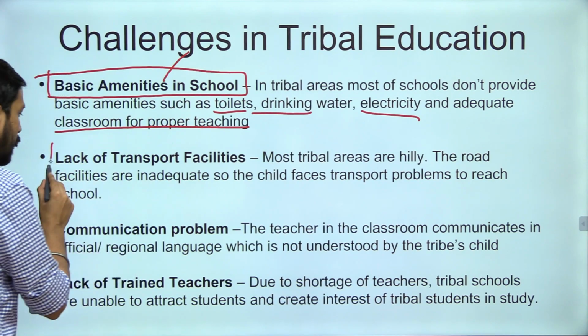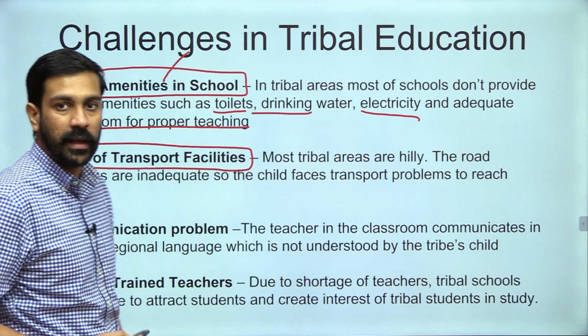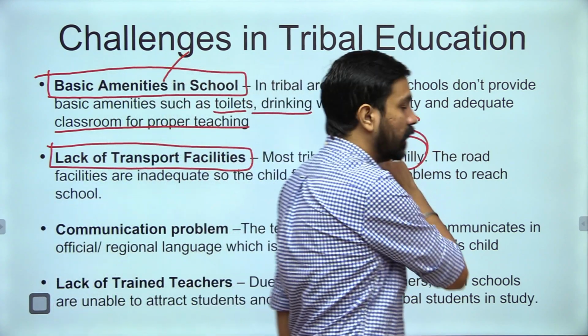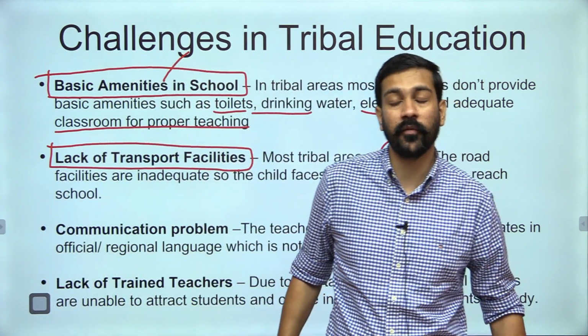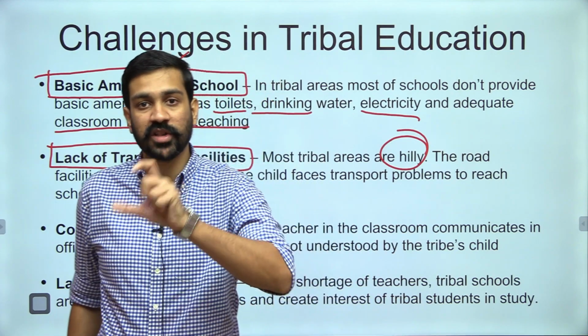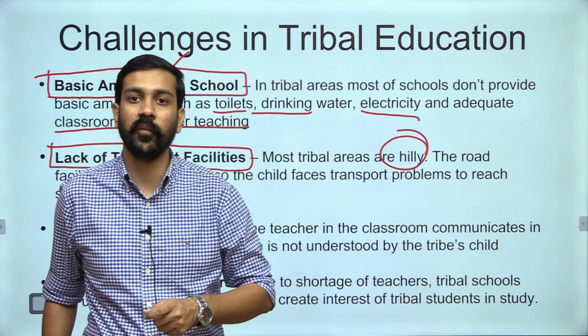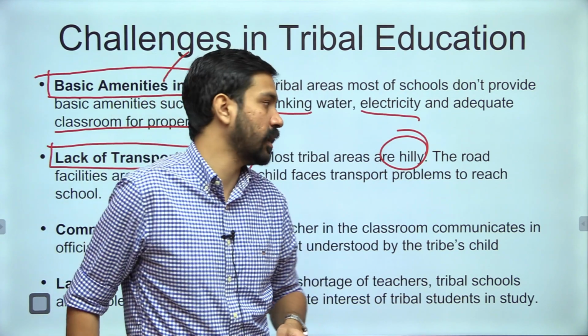Next one is the lack of transport facilities. Most tribal areas, as we have discussed in one of our last classes, are hilly or remote regions. If you haven't seen that, I have discussed what scheduled areas and scheduled tribe areas are, and you can watch that video for a further holistic analysis.